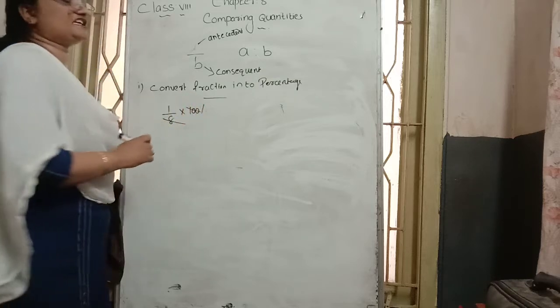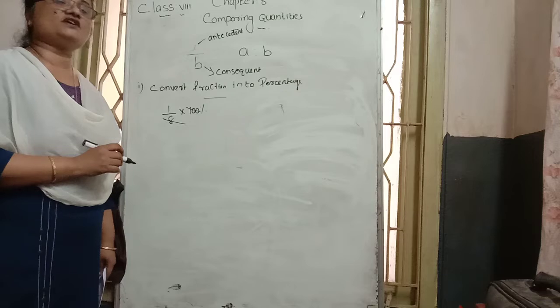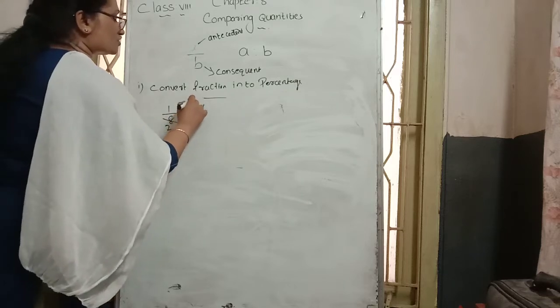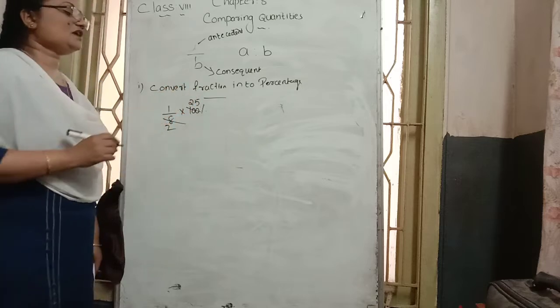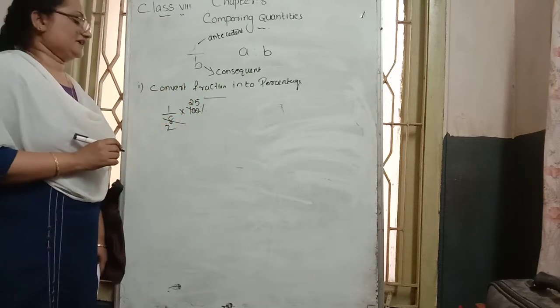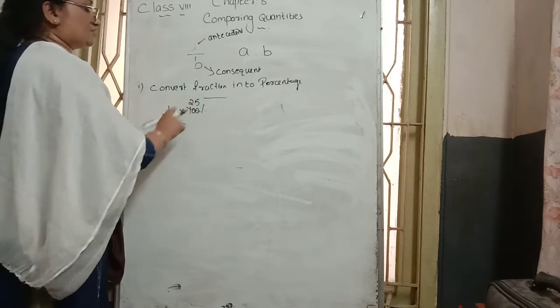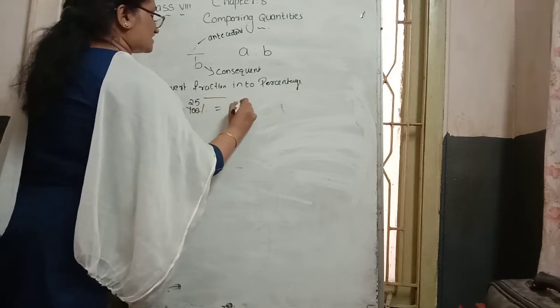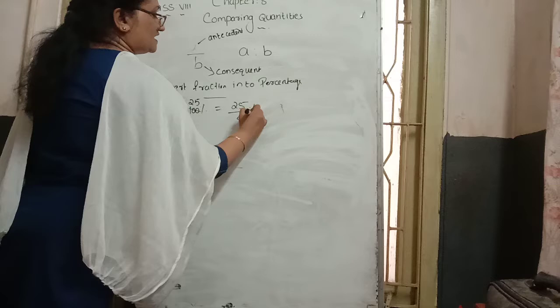The table directly we can't use. Then which table? 4 table. 4 twos are 8. 4 into 25 becomes how much? 100. Then again 2 and 25 cancellation is not possible, so we can write it as 25 by 2 percent.